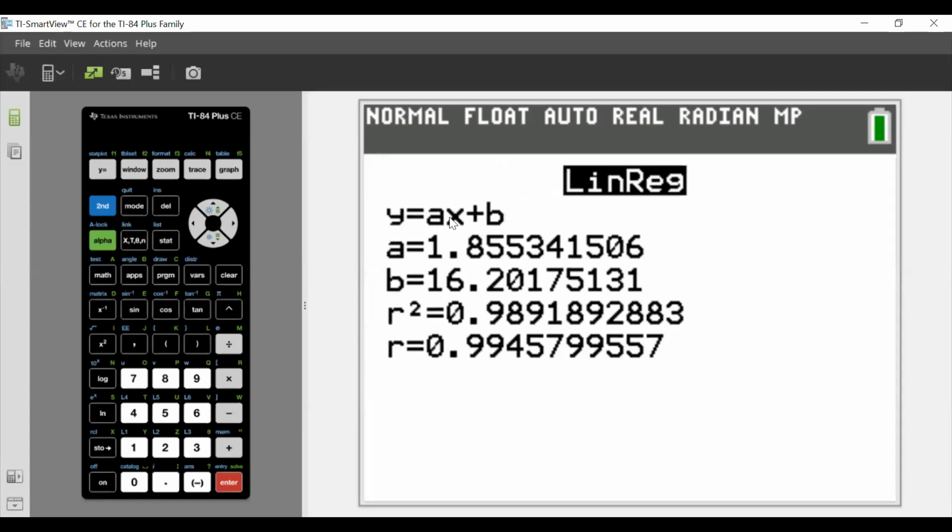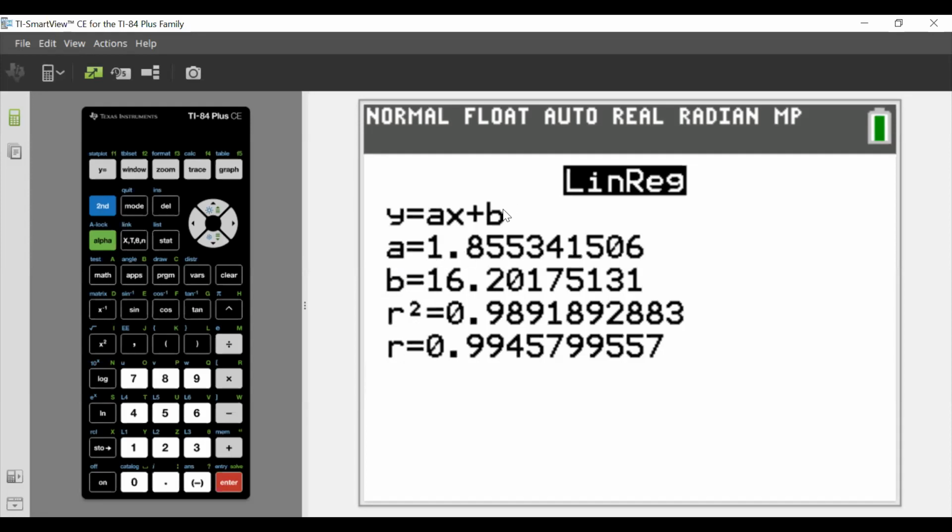I think this is why we use A for our book, because it's tied into the calculator. Since they use A in a calculator, that's why we're using A for the book. Now we see our R value is 0.99, so that's really pretty good. The closer to 1 it is, the better, so that looks like a good number.